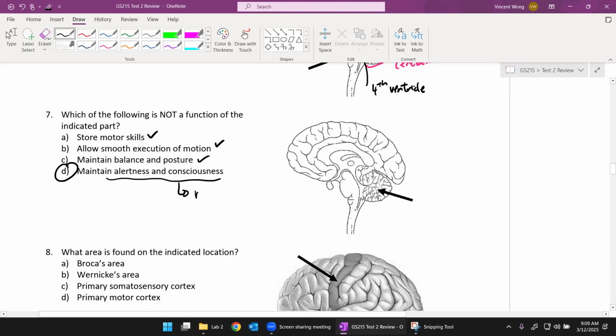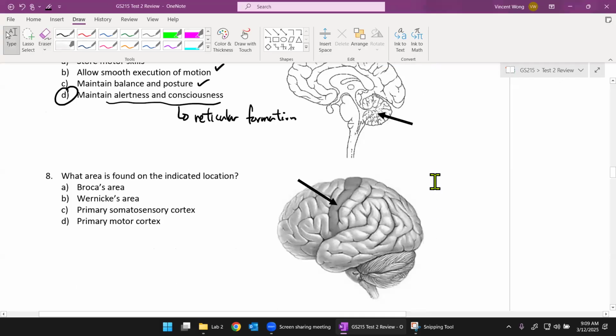This is more like the reticular formation, right? You should know this by now. I've been mentioning it over and over again to help you remember it, and hopefully you know it is the primary motor cortex.